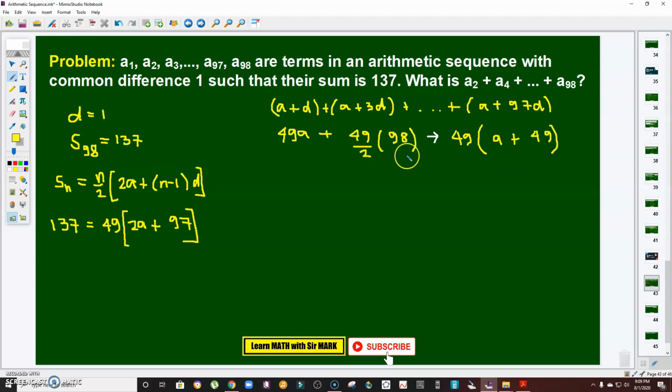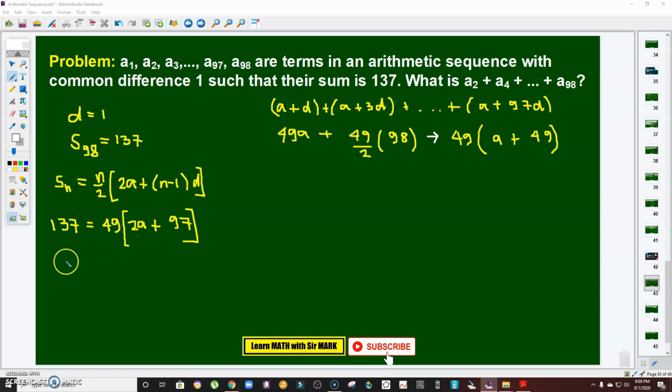Therefore, the value of this sum, a sub 2, a sub 4, up to a sub 98, is just 49 times a plus 49. So I need to get the value of a and then just do the calculation, and I can get a using this information.